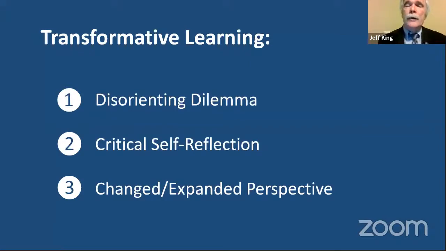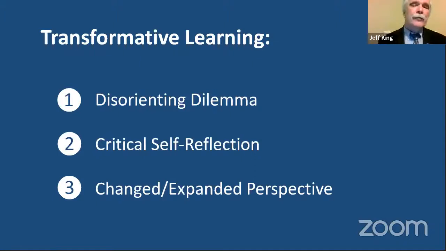And with apologies to Dr. Mezirow and all the other theorists and researchers and writers and practitioners within transformative learning, I would summarize it by saying, when a learner experiences a disorienting dilemma, she must then try to make sense of her place in connection to this disorientation.